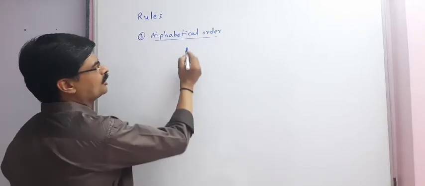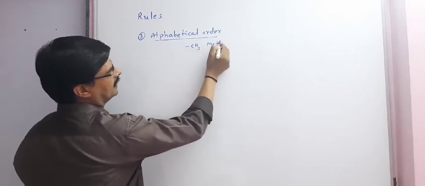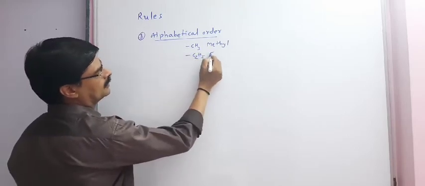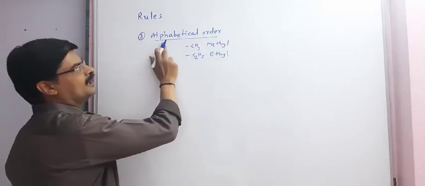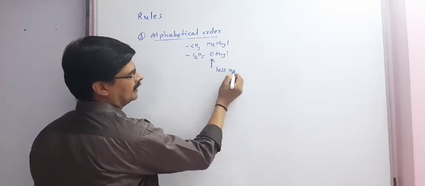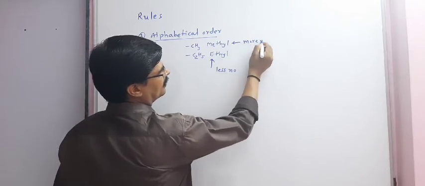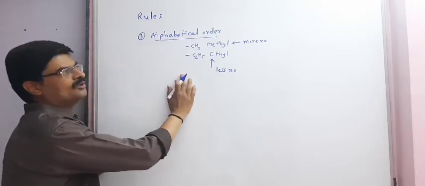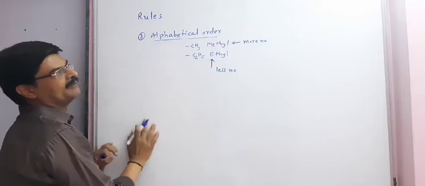If two substituent groups are, say, one group is CH3 methyl group and another group is ethyl group, so according to the alphabetical order rule, ethyl should get less number and methyl should get more number. But it is also based on the previous rules 1 and 2. Those rules should also be followed while deciding alphabetical order.